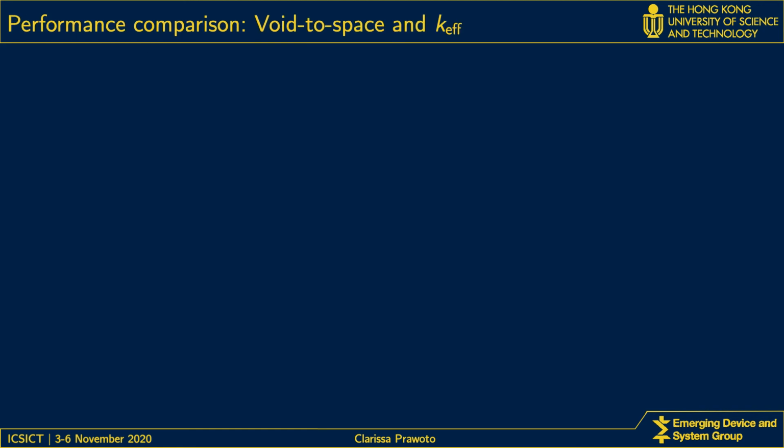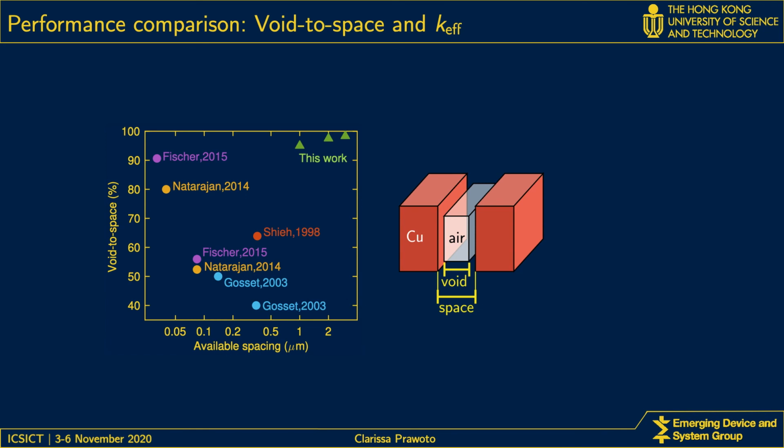So now we compare the effectiveness of various air gap technologies in reducing intra-layer capacitance based on the void-to-space ratio and the effective K value. In terms of the void-to-spacing percentage, this work demonstrates the highest void-to-spacing value and less dependence on spacing, as we have demonstrated almost 100% void at available spacing of larger than 2 micrometers.